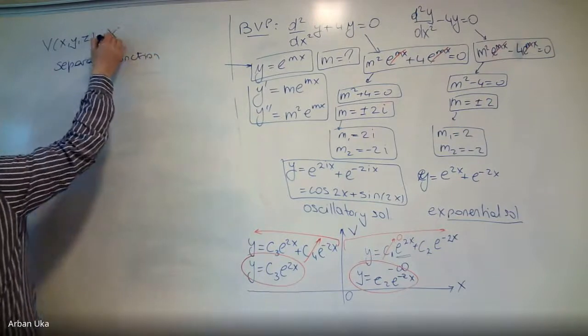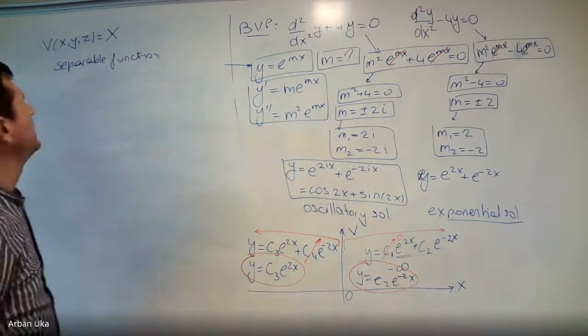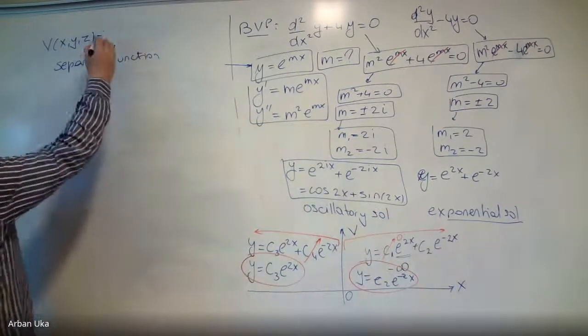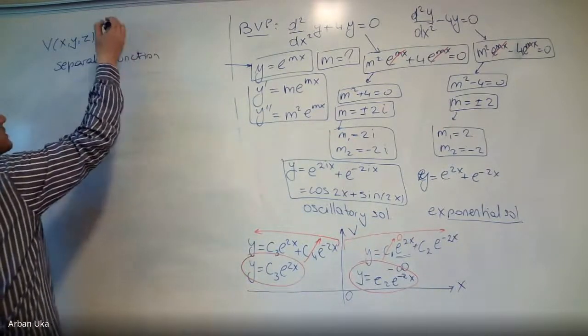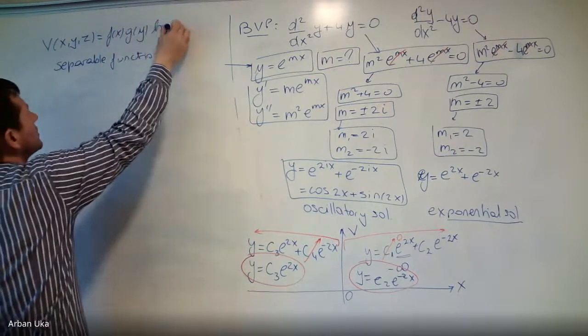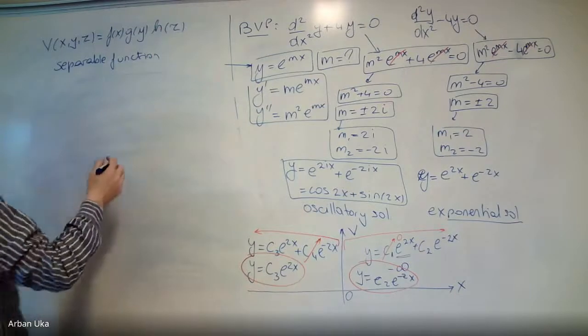Being separable, you can assume the potential can be represented as a function of x times a function of y times another function of z.